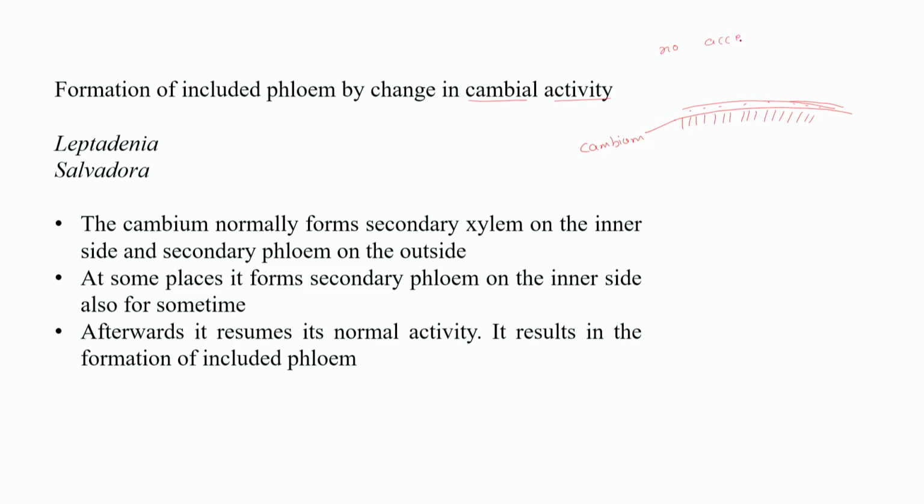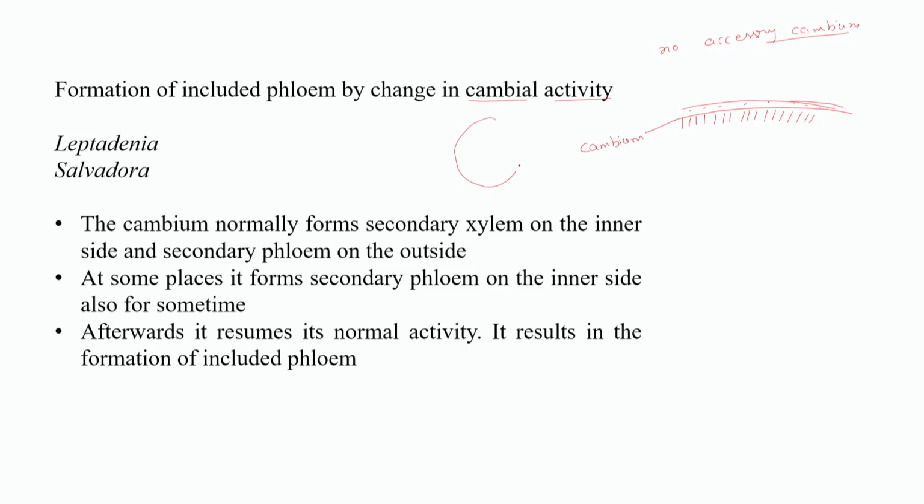Before that, in all those examples accessory cambium was behaving as such, because in those examples there was no normal cambium. But in these plants normal cambium is there, and normal vascular bundles are there. They join their interfascicular and intrafascicular cambium together, and they give rise to xylem on the lower side and phloem on the outer side.